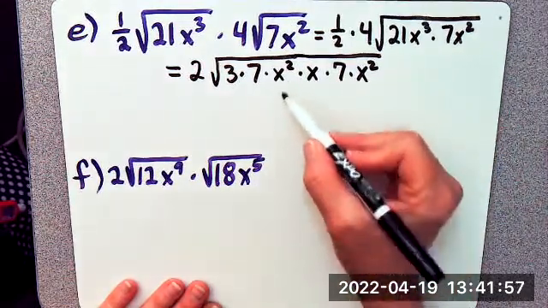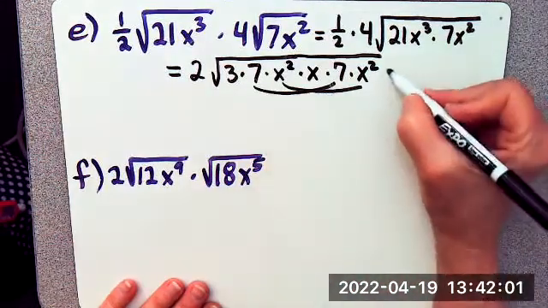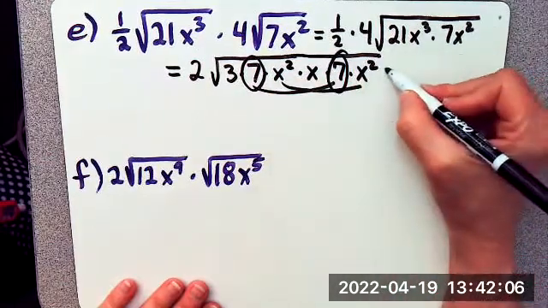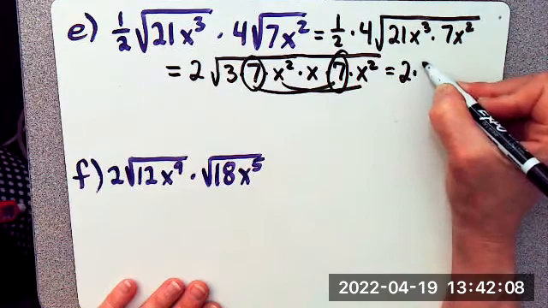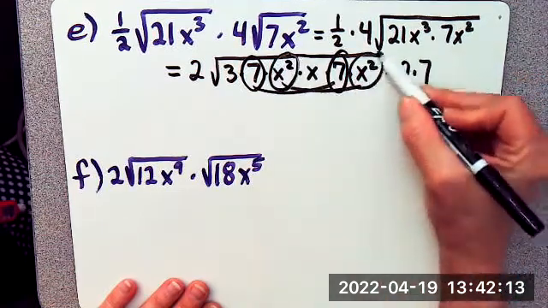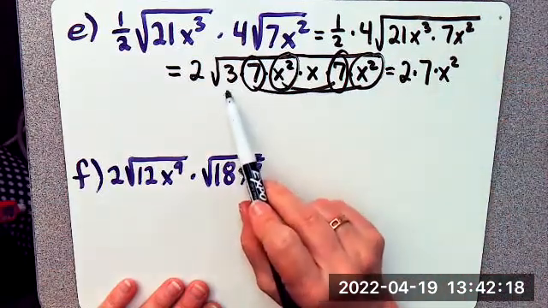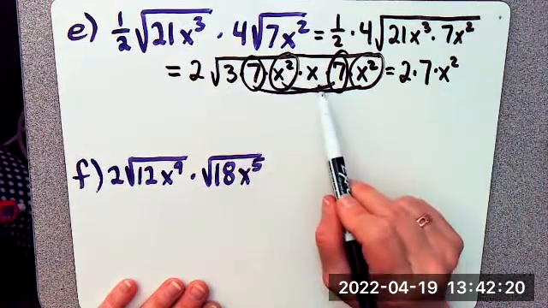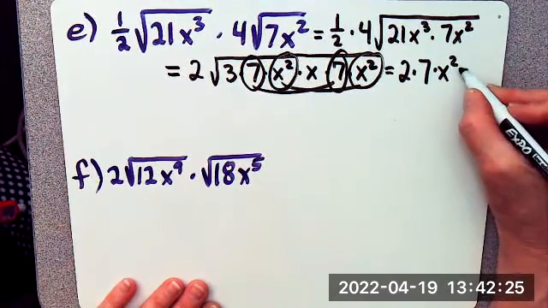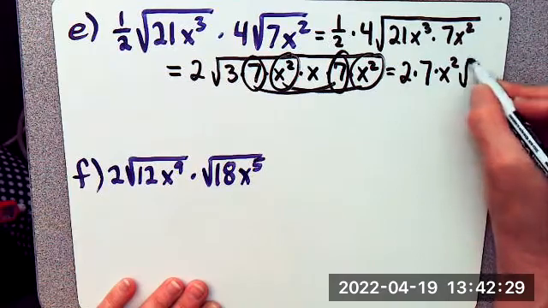We see that we have a pair of x's and a pair of 7's. So we can take this 7 and this 7 out as a united front of 7. So we have 2 times 7. We can take this x squared and this x squared out. And what remains in the house that it's alone is 3x. So we end up with the square root of 3x.